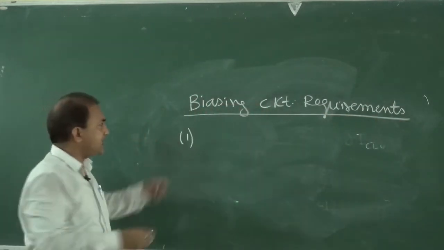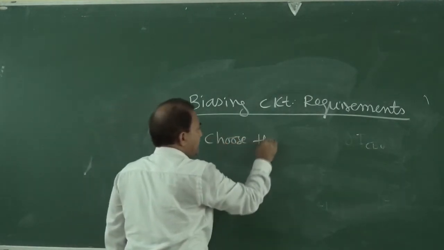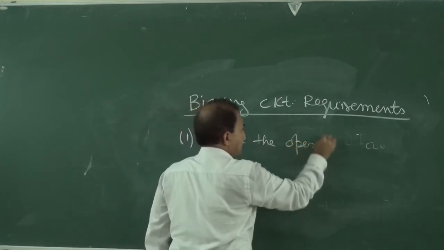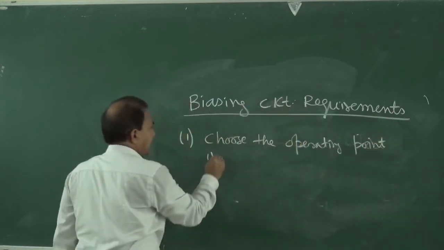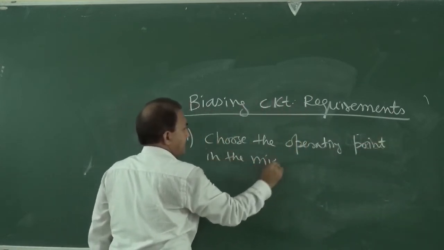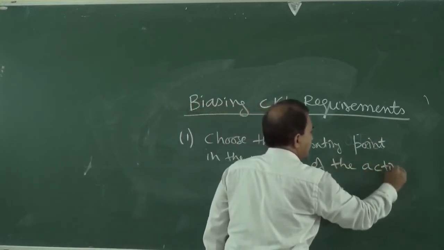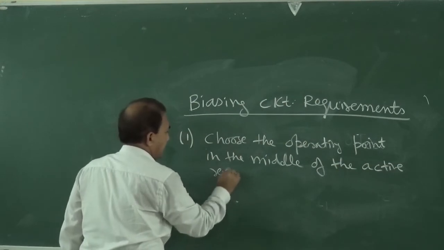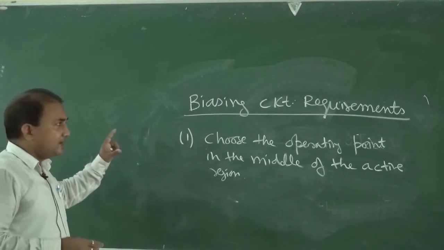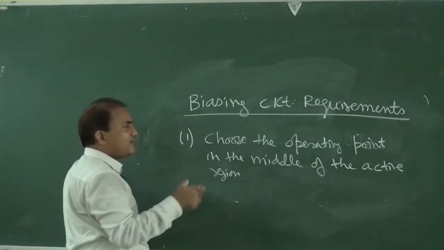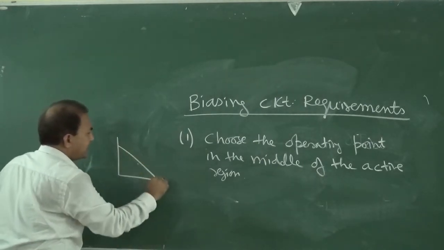The first requirement is that we should choose the operating point in the middle of the active region. So the biasing circuit should first be designed in such a way that the operating point lies in the middle of the active region.